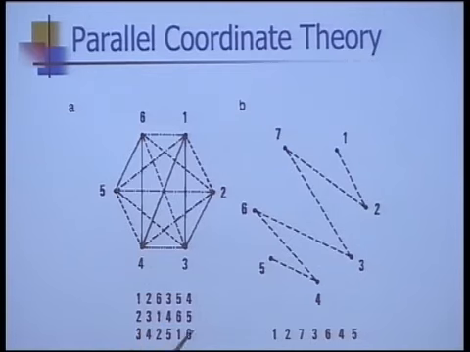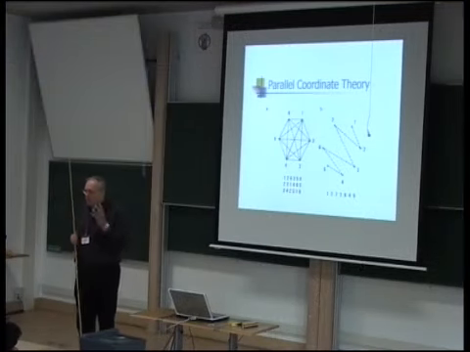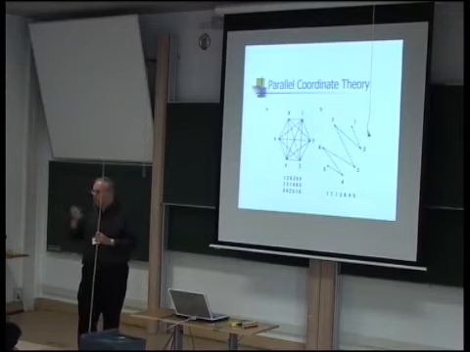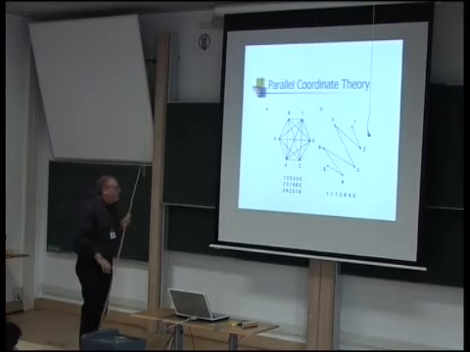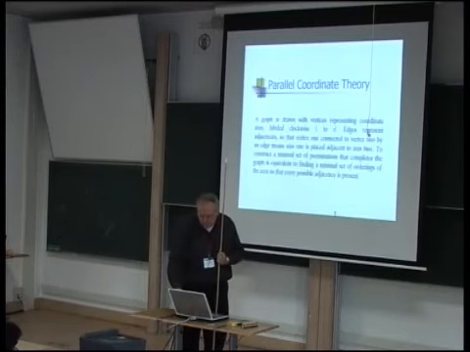That's the second permutation. The third one is the dashed line. It gives me 3 with 4, and so on. As soon as I do the third time, what I get is a complete graph, and the complete graph tells me that I have all possible adjacencies. So we use this little trick to get all possible adjacencies.